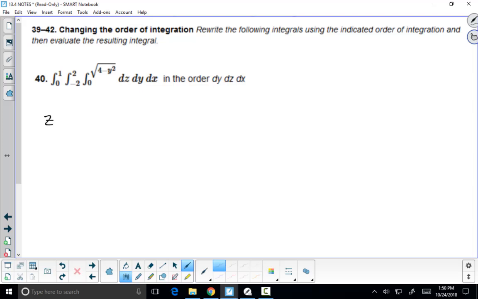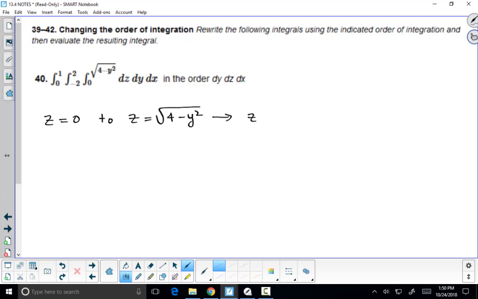So let's think about the surfaces first. The surfaces are z equals 0 to z equals square root of 4 minus y squared. Now this surface right here, what is that surface? It's the top part of this circle. Does everyone agree with that? How did you know that?